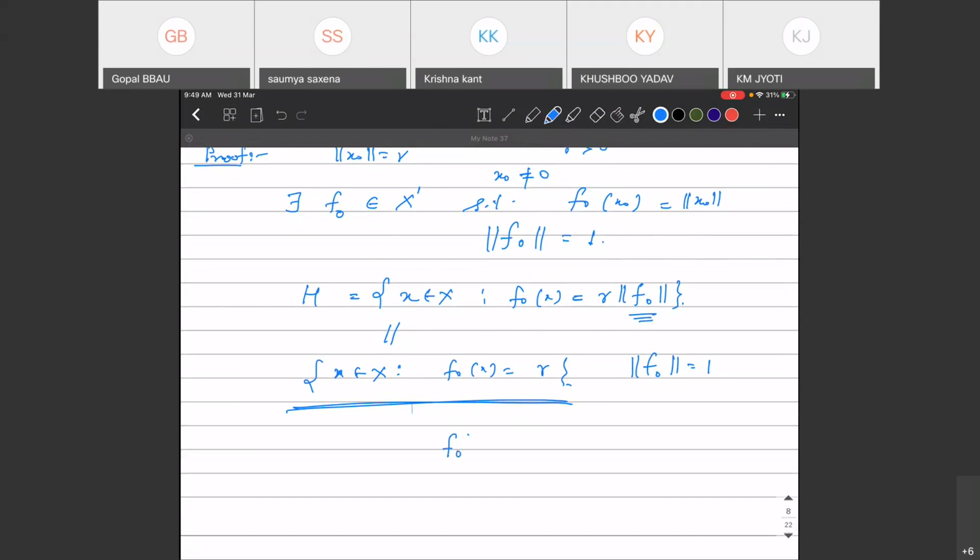This set is f naught inverse of R. Correct.